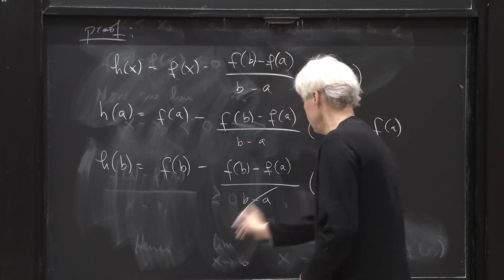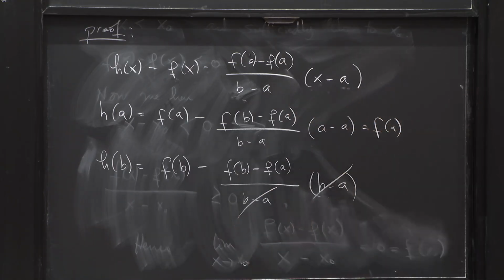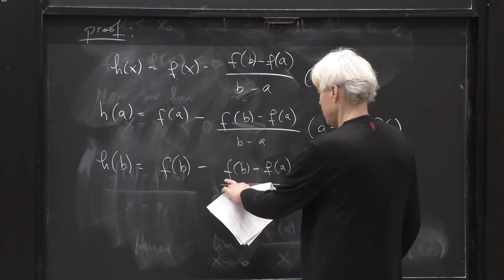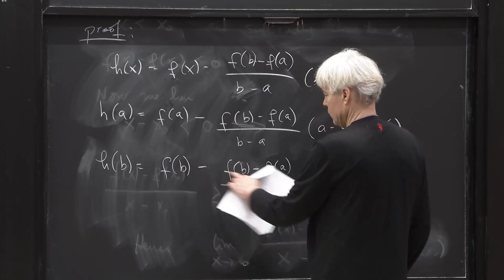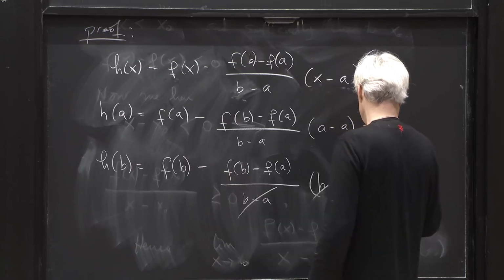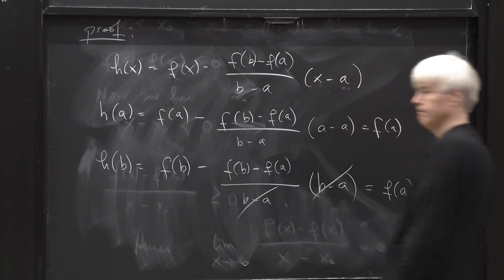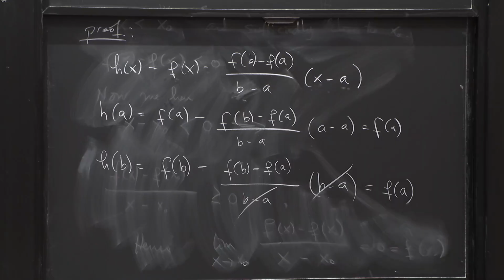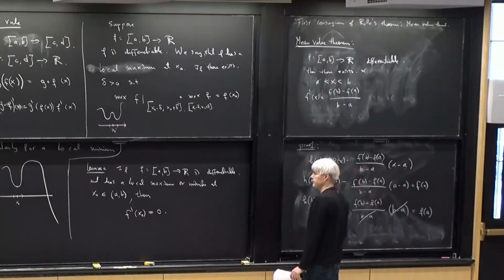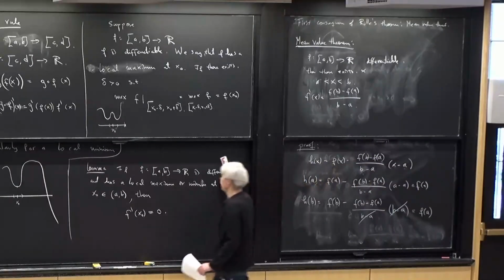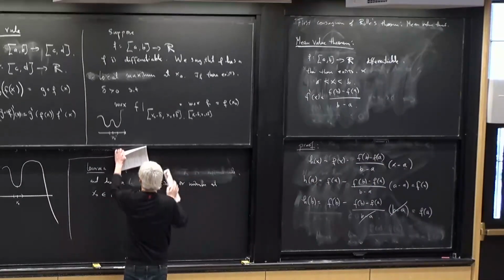And so you see that these cancel out, so you are subtracting this, but this is a minus minus, so you're adding. So this is f of a. So you see that for this function, the values at a and b are the same. So now we apply Rolle's theorem.